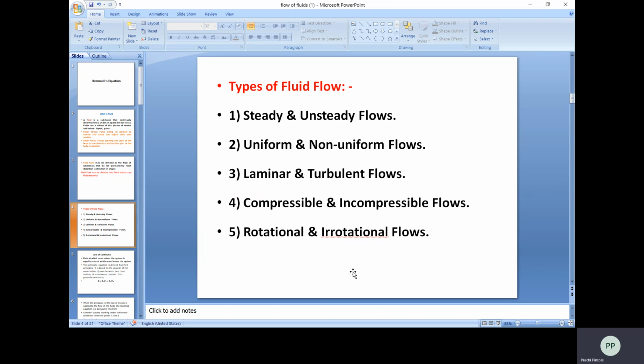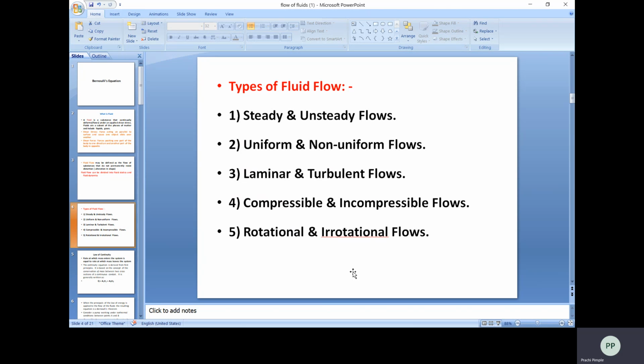Coming to the next part, uniform and non-uniform flow. Uniform flow is a flow in which velocity at a given time does not change with respect to space, while in non-uniform flow, the velocity at a particular time changes with respect to space. Coming to laminar and turbulent flow, which we always hear about in pharmaceuticals.